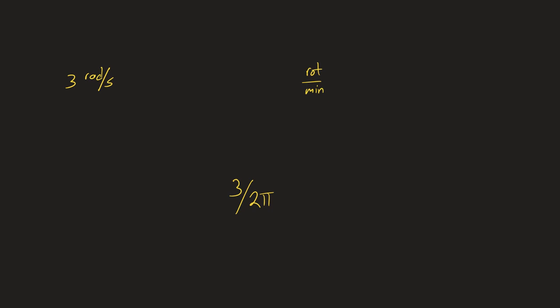Do this, then turn your calculator over. You done? Should only take a second. 3 divided by 2 pi. Turn your calculator over. Everybody calculator over? Looks like it.